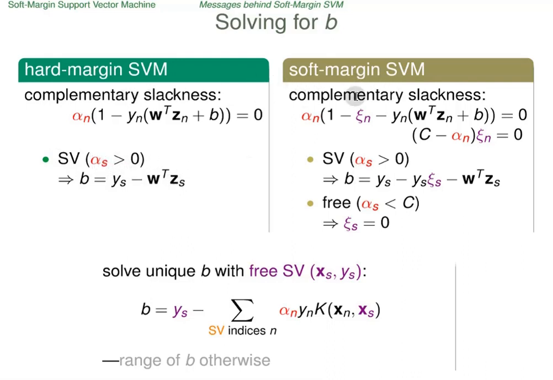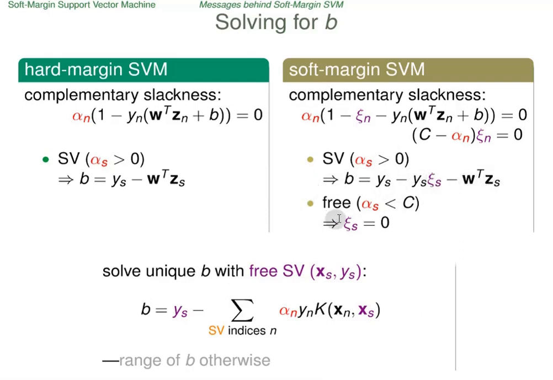Similarly, we can use the same KKT conditions to solve for the bias, which will be equal to the following. For non-zero alphas, b is equal to y_s minus w transpose x_s.